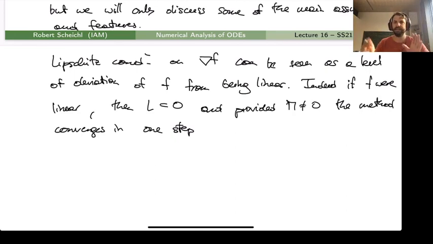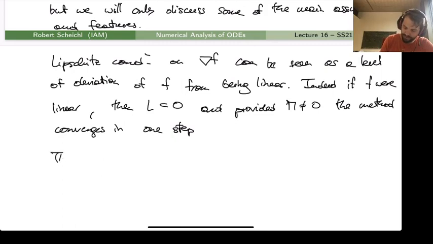So if we have a nearly linear function in our initial value problem over a time step, we might get away with just evaluating one linear system, and so the implicit method would behave like an implicit method for a linear problem where we have to solve one linear equation in each time step.